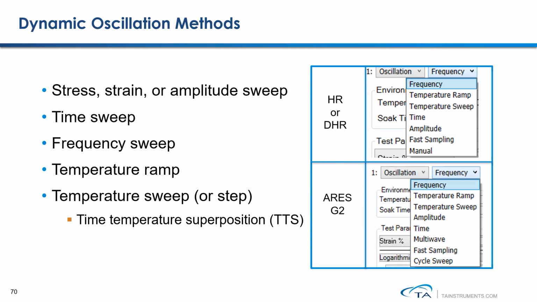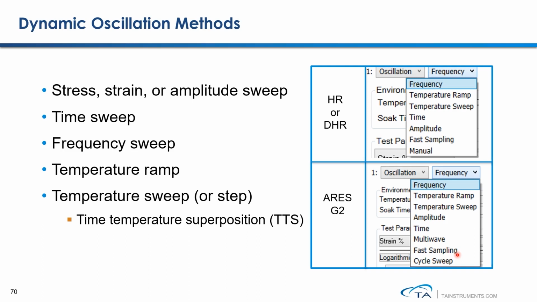Here is a list of all the commonly used dynamic oscillatory test methods that you can use on your rheometer to measure the viscoelastic property of your material. In TRIOS software, once you select Oscillation Test Mode, under the drop-down list, you will be able to see all of the available oscillation measurements on your instrument.